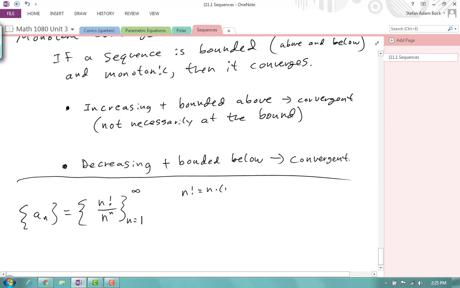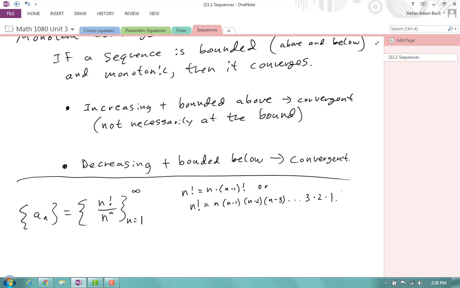It's n times n minus 1 factorial, or n factorial equals n times n minus 1 times n minus 2 times n minus 3, dot, dot, dot, all the way down until I get to 3 times 2 times 1. So it's the product of all of the integers up until n. But there is a problem with this function. N factorial is not defined for any other numbers.